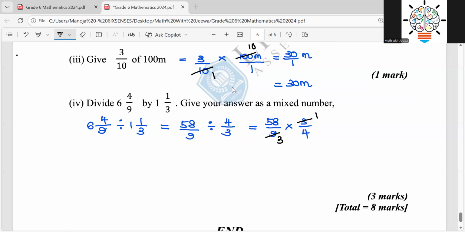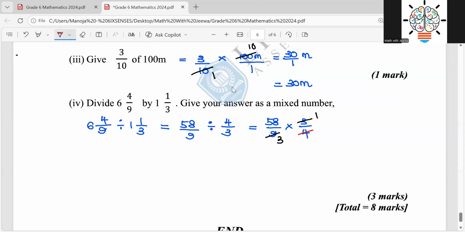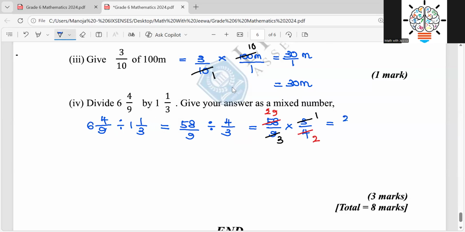And then I can simplify this. I'll take another color. 2 times 2 and 2 times 29. Right? Then how can I write? I can't simplify this further. Then 29 over 6. So then what I do, I divide 29 by 6.